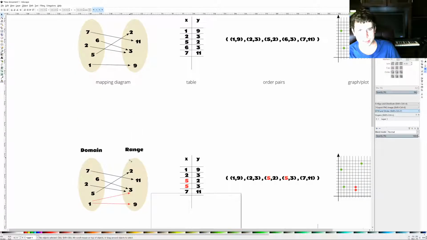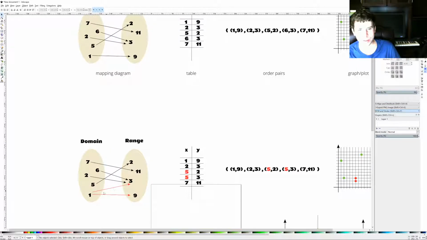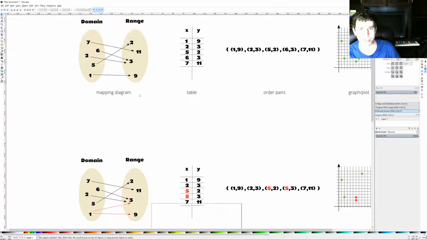But this is not okay. If I drink 1 cup of milk, I'll grow both 3 inches this year and I'll grow 9 inches this year. You can't do both of those at once. So having more than one arrow coming into a number on the output side is okay. 2 things can do the same thing.